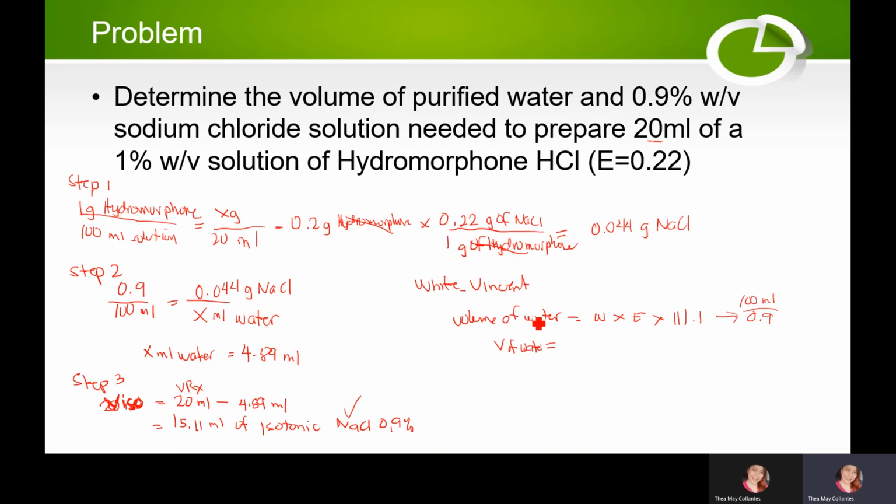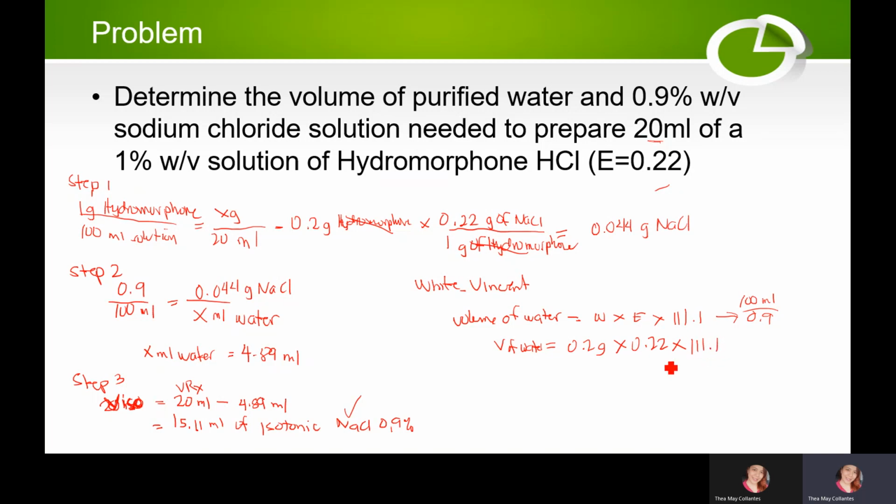If you want the exhausting way again, 1 gram over 100 ml is 1%, so equate it to 20 ml, and that would be the weight of your drug: 0.2 grams of hydromorphone times the E value you were given, 0.22.